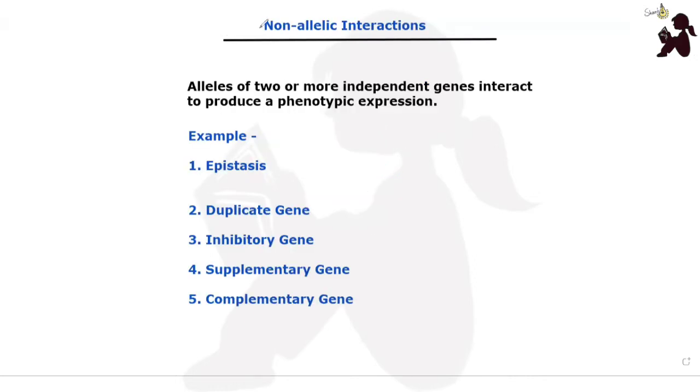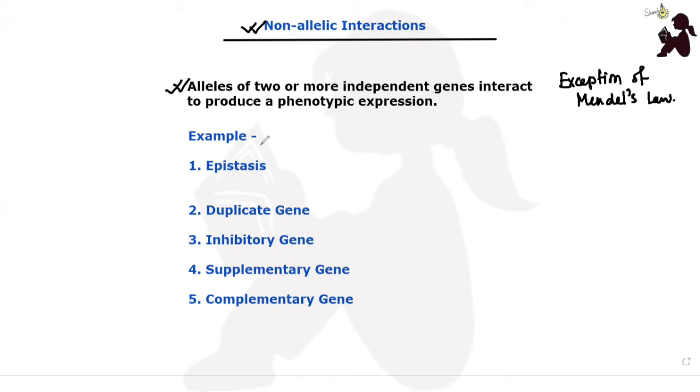First, we will discuss the non-allelic interactions. Non-allelic interactions are those where the alleles of two or more independent genes interact to produce a phenotypic expression. This is basically an exception of Mendel's law, because here we can see the blending of two alleles.